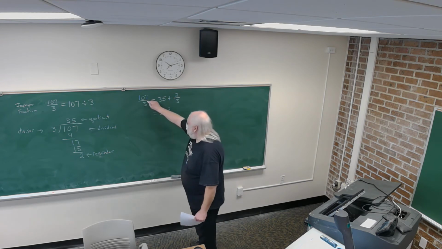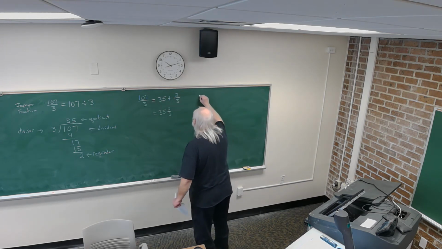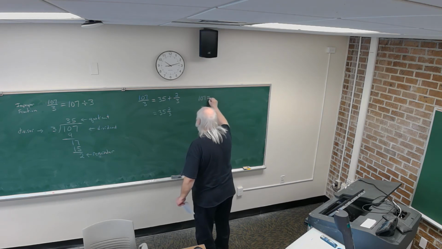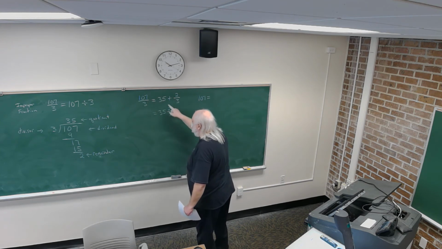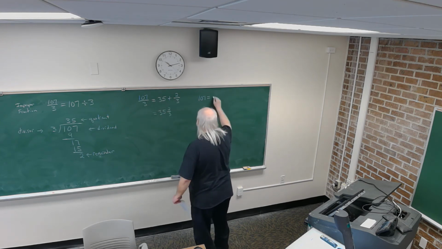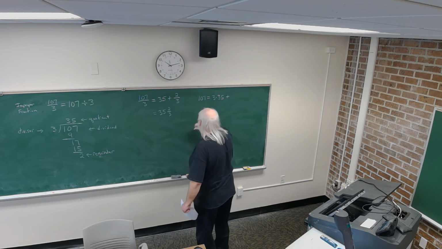Now if I multiply both sides of this equation by 3, I have 107 on the left, because 107 divided by 3 times 3 is just equal to 107. On the right-hand side I have 3 times 35 plus 3 times 2/3, which is 2.